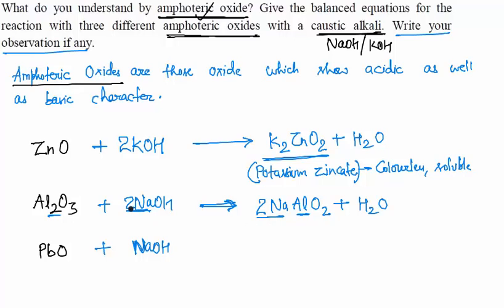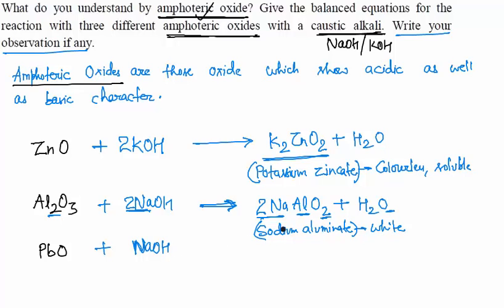What about oxygen? Two oxygen here and three, so five. On the other side, 2 into 2 is 4, plus 1 is 5, and hydrogen is 2. Perfect, it's balanced. NaAlO2 is sodium aluminate, and it is white.